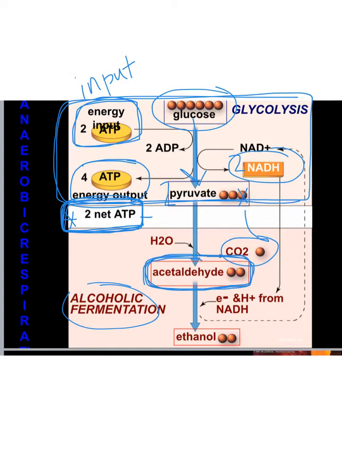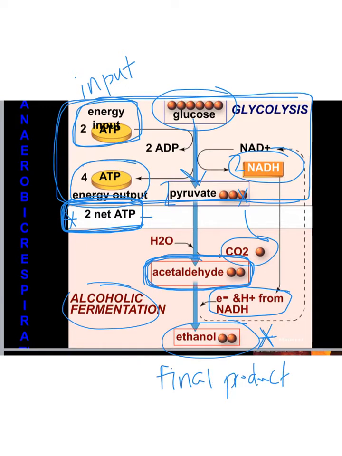We now have acetaldehyde, which is going to join with the electrons and the hydrogen ions from NADH to form ethanol. So ethanol is sort of the final product of alcoholic fermentation. And obviously you guys know that we use that to make things like beer and wine. So there's our ethanol that we get from alcoholic fermentation through an anaerobic process.